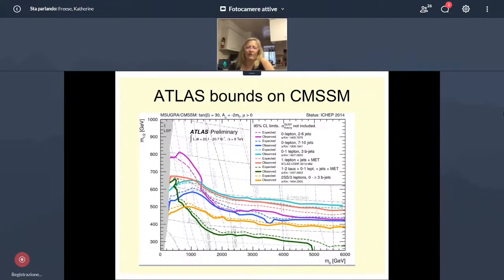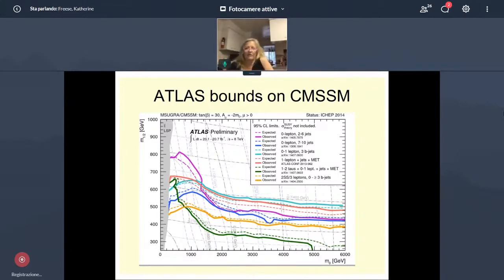With that very strong simplification, you get this bound where the fermion mass is on the y-axis and the boson mass on the x-axis, and you have to be above all those lines in the data. So that looks very constraining, that you have to go to the TeV scale.